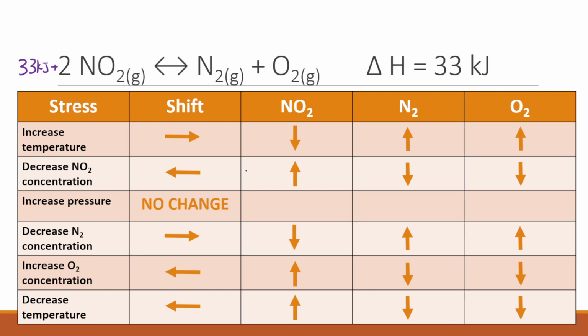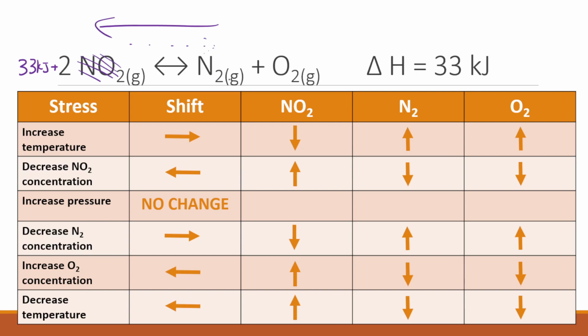If I decrease the concentration of NO2, if I take away some of the NO2, I am slowing down the forward reaction. It will not go as quickly as it was going before because it's harder now for a successful collision to happen here. The reverse reaction is now going to be the one that's faster.